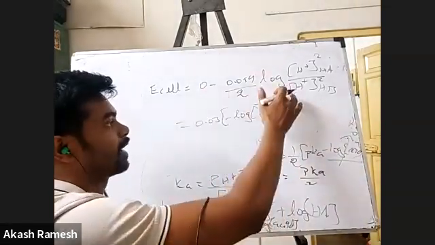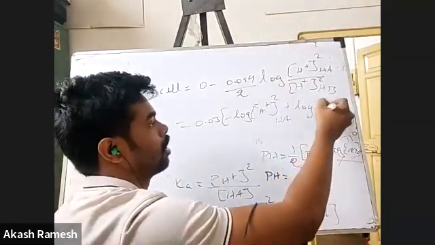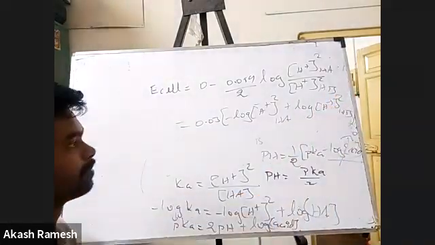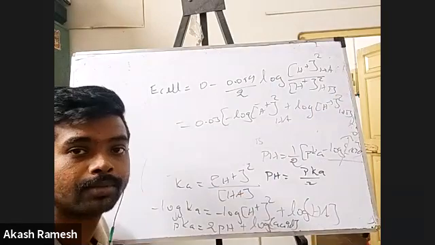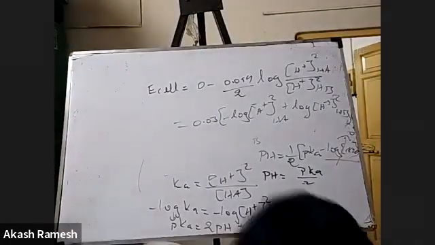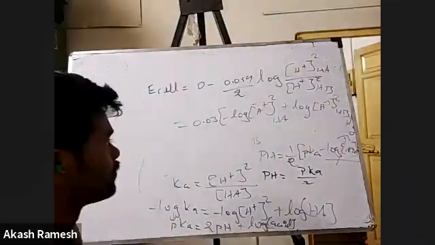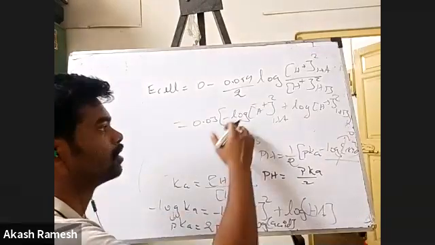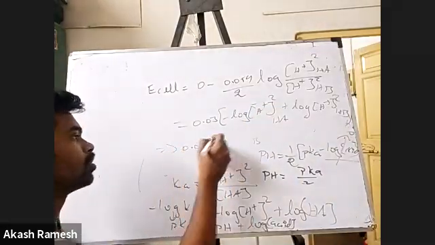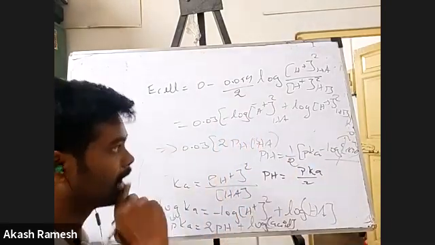Now I've multiplied the negative sign inside, so this will become positive, negative positive log of H plus squared from HB. Right. So this is basically going to be 2 pH. I can write it like this: 0.03 into 2 into pH of HA, right?